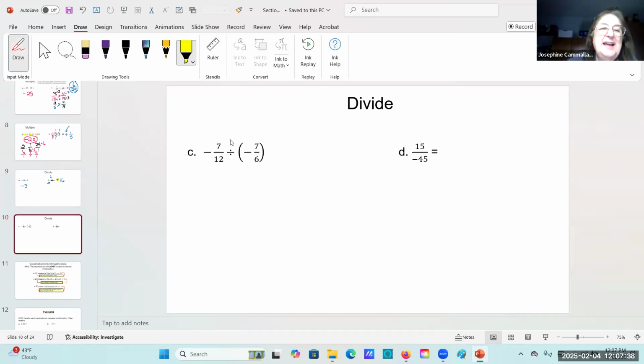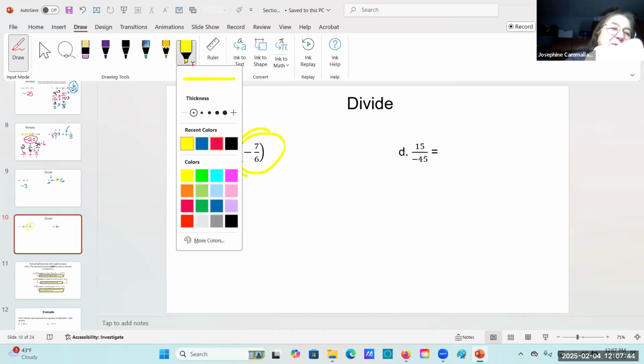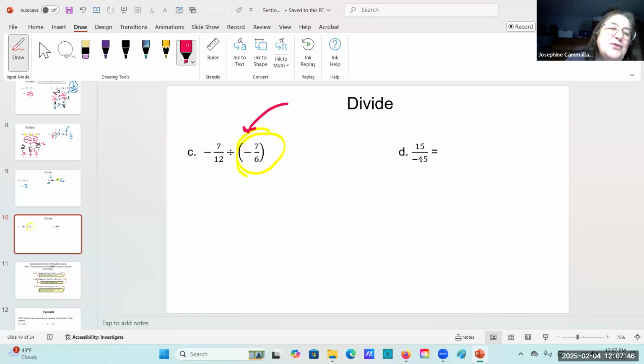Now, this is where the fun comes up. You're dividing, so you've got to flip this fraction. But the fact that I have a negative and a negative is going to give me a positive answer.